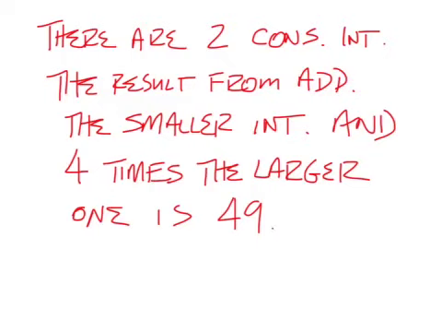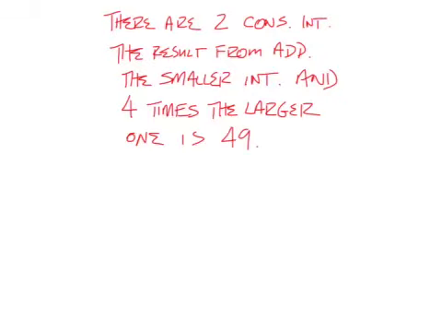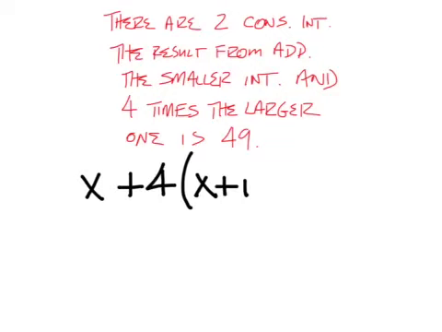Find both integers. 2 consecutive integers, and the result of adding the smaller one, x, to 4 times the larger one, which is this, is 49.